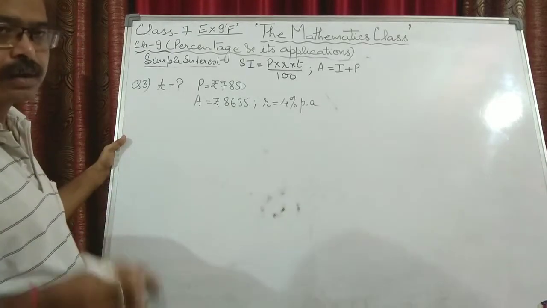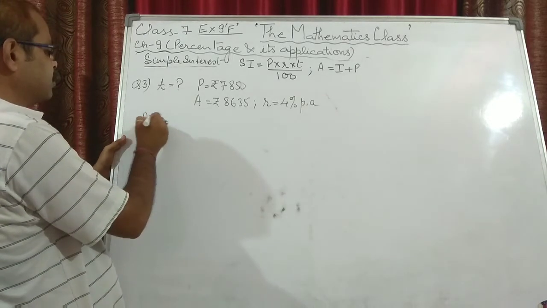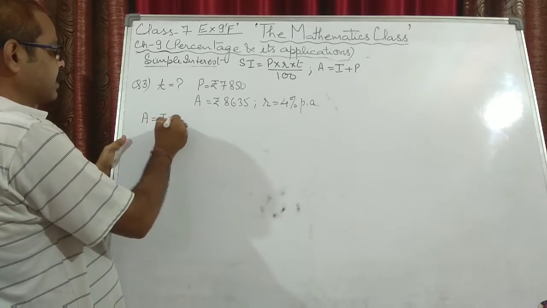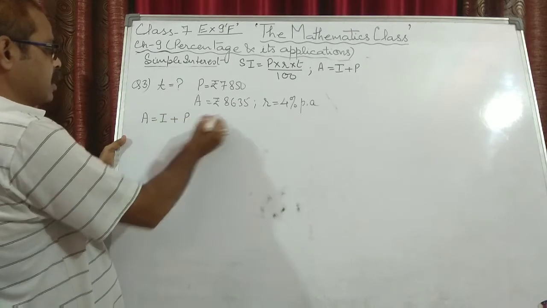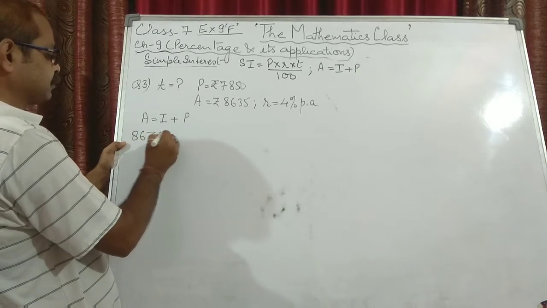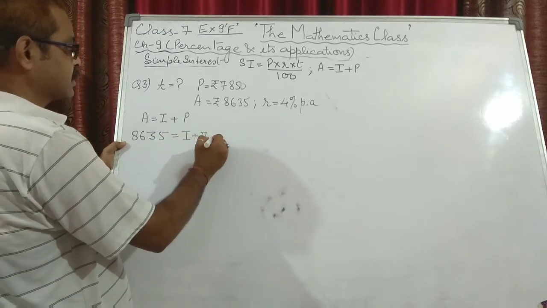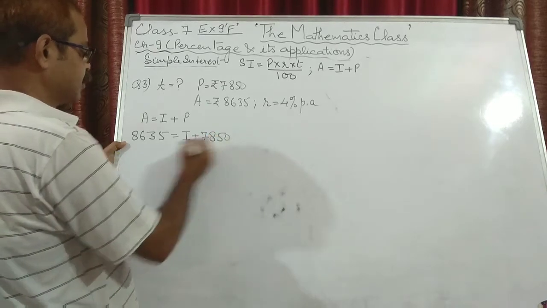So we can calculate the interest. How will we calculate interest? We know that amount is equal to interest plus principal. Amount is given, 8635 is equal to interest plus principal. Principal is given, 7850.